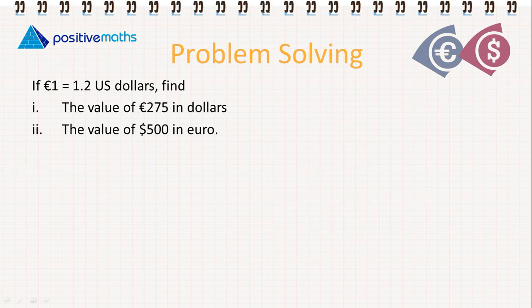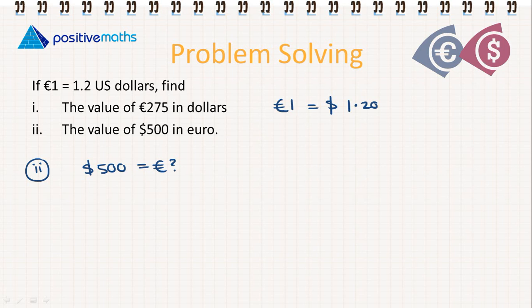Okay, so for part 2, now we are looking for $500 in euro. Again, we'll just make a note of our exchange rate. We have 1 euro is equal to $1.20. We need to find $500.